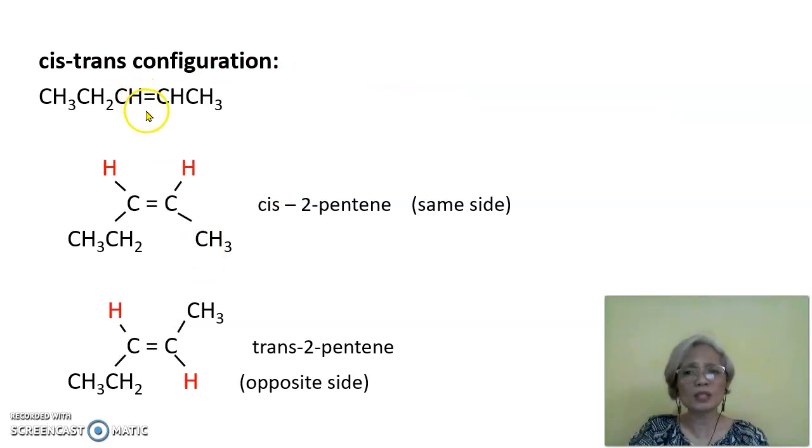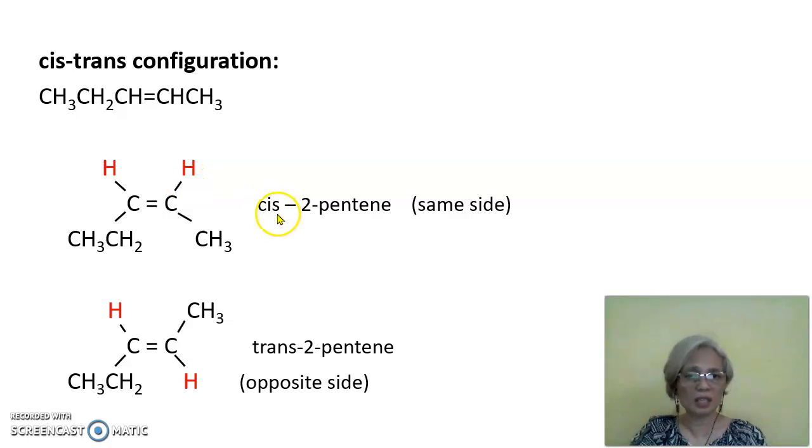Now, how about cis-trans configuration? Okay, so there are geometric isomers in alkenes, so we have to consider that. If there are only 2 substituents, we can use the cis-trans notation. So, notice that both these hydrogens are on the same side of the plane.